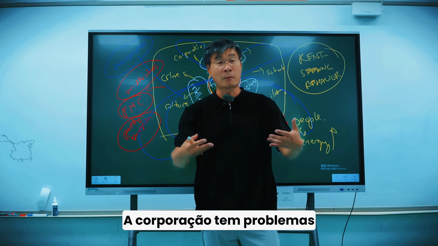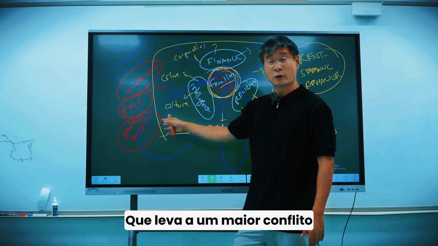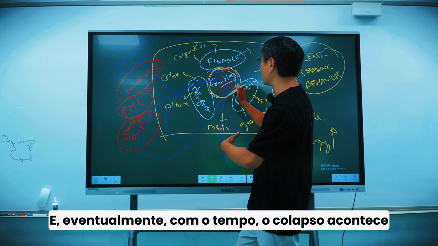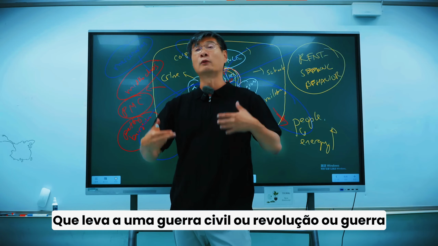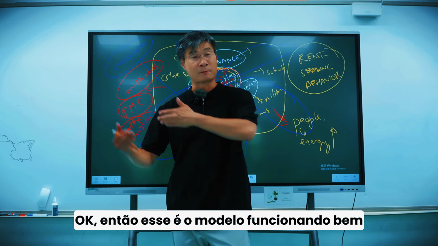The corporation runs into trouble, and the managers are forced to coerce the people, which leads to greater conflict. And eventually, the collapse happens when society breaks up into different factions, which leads to civil war or revolution or war. Okay? So that's the model we're working with.